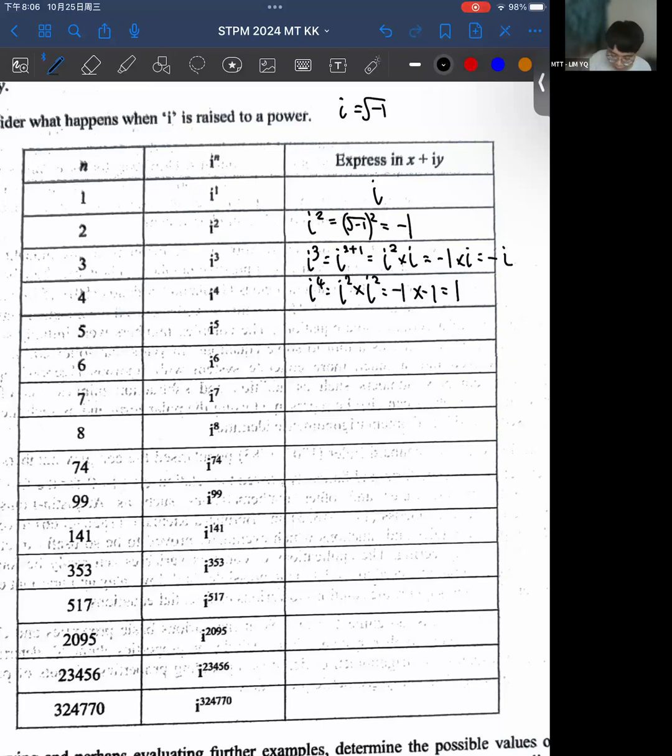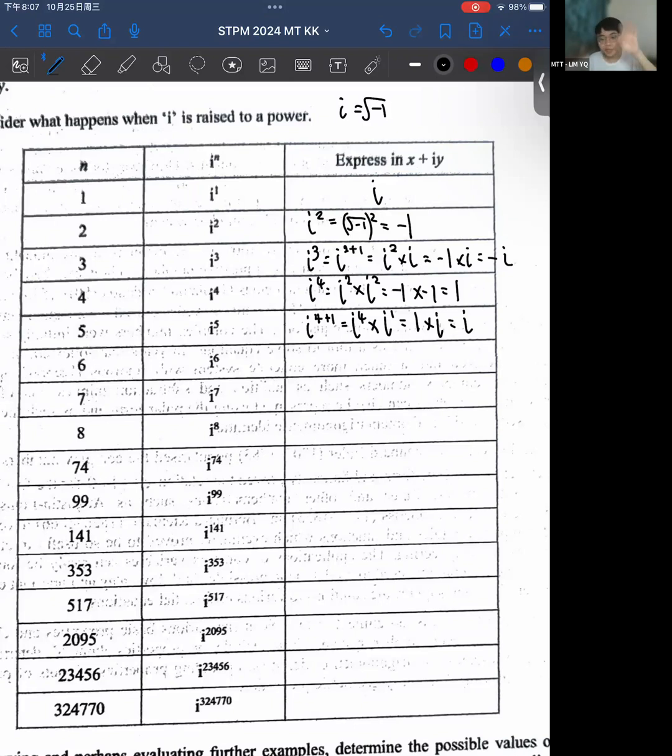i power 5, this 5 can be written as 4 plus 1. With the index rule, i power 4 multiplied by i power 1. What is i power 4? i power 4 is 1, and 1 multiplied by i you get back i.